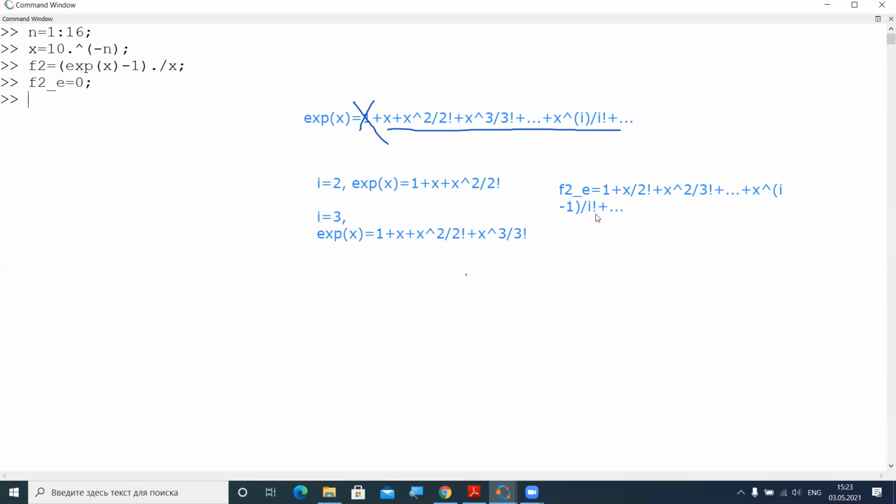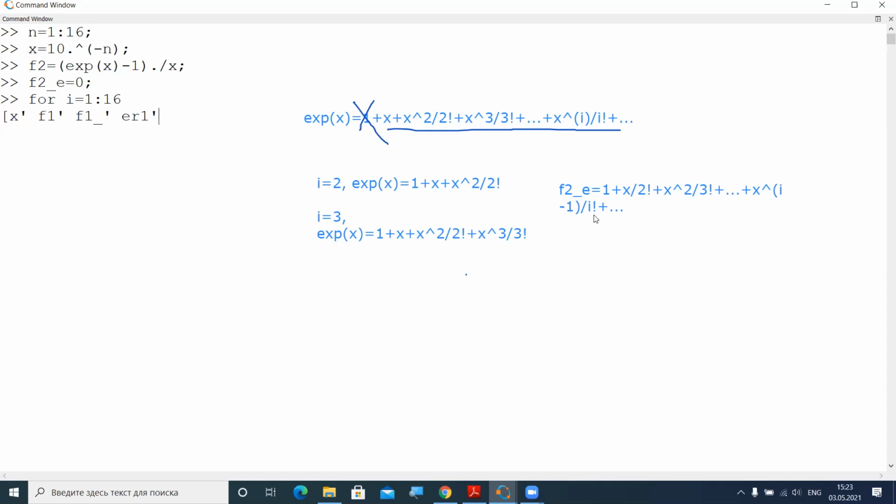Because if you write from 0, let's check it. Without the for loop we cannot do it. So for i from 1 till 16, let's write this new function, f2e. With the Taylor polynomial we have this.